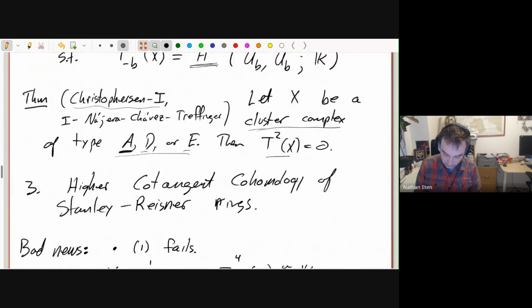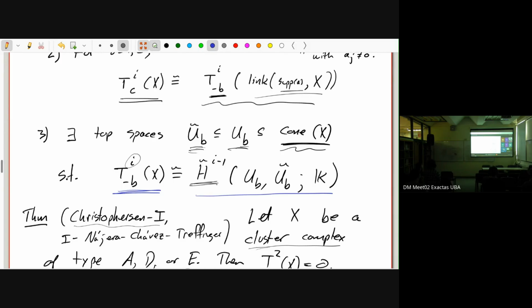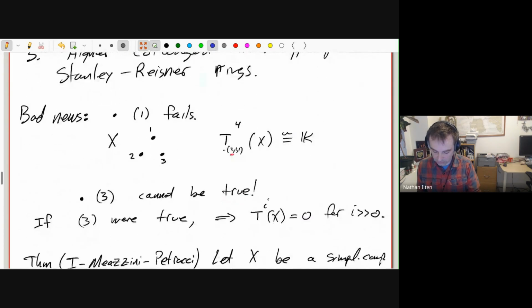All right, so 3 is giving this interpretation of cotangent cohomology in some non-positive degree in terms of some relative cohomology of topological spaces that are related to the complex that we started with. And that's what we'd like to do for T^3 and T^4, at least in the flag setting.